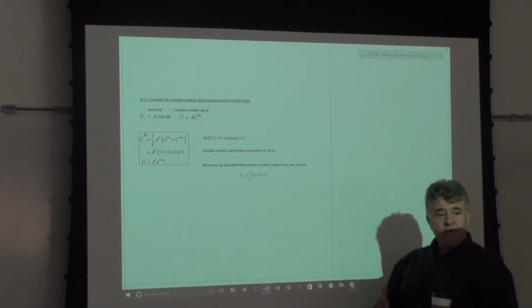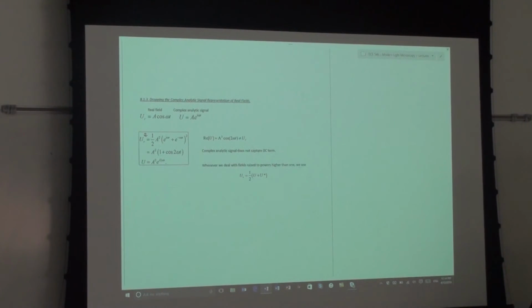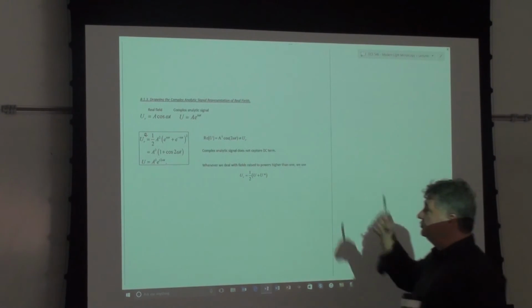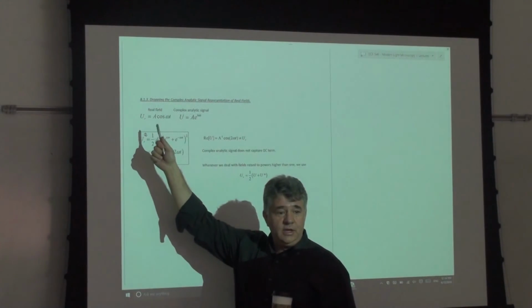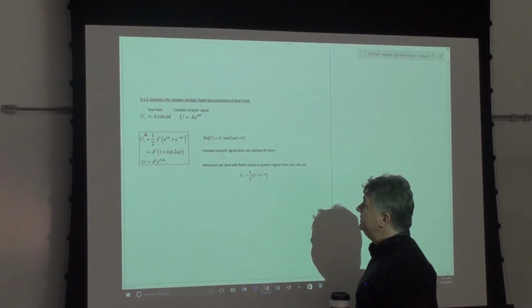So the problem with nonlinear optics is that we're going to look at higher powers of the fields. So the response of the material will depend on the higher power of the field, which means that you're going to have u squared, u third, and so on. And that actually is a little bit tricky. If you just plug in the complex analytic signal, you get the wrong thing.